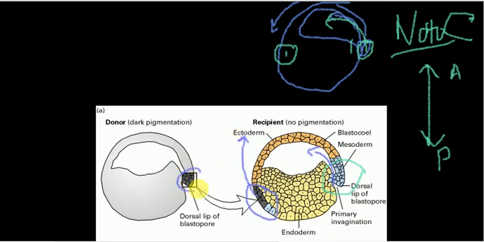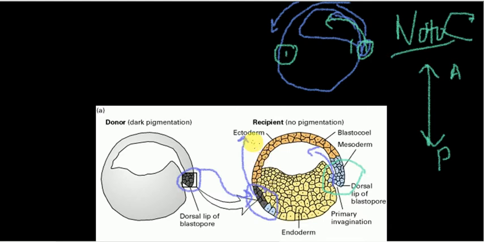Now what Spemann and Mangold did was take the dorsal lip of the blastopore from a donor embryo and transplant it into a recipient embryo in a region that is fated to become the epidermis.